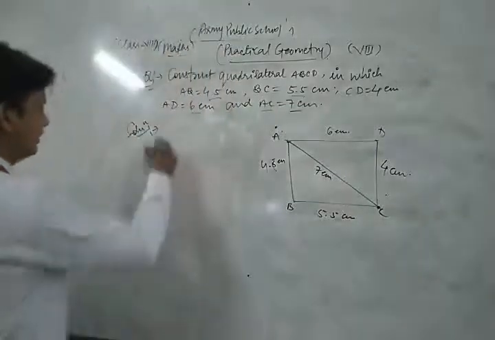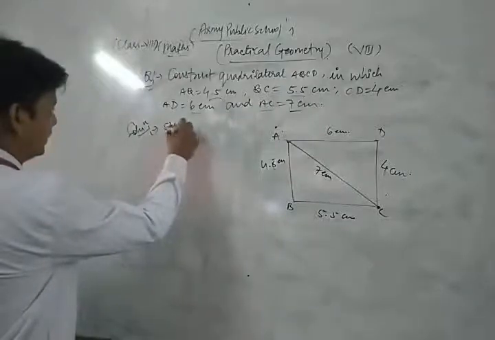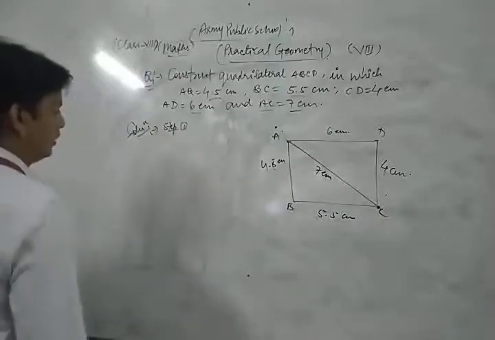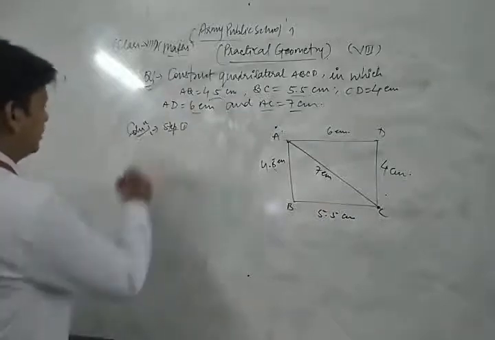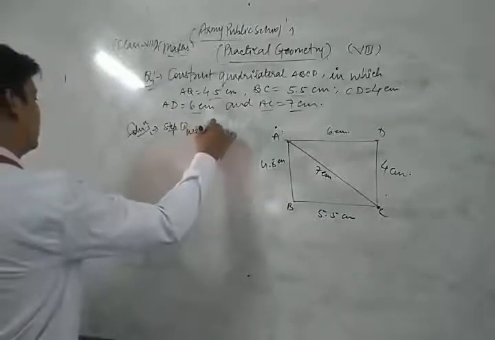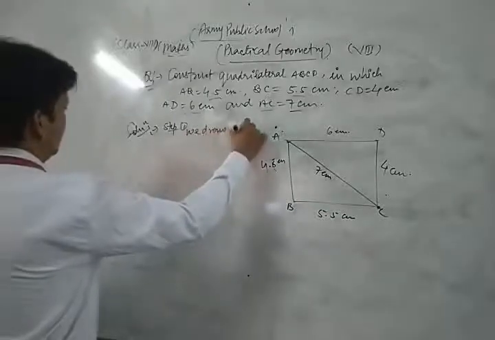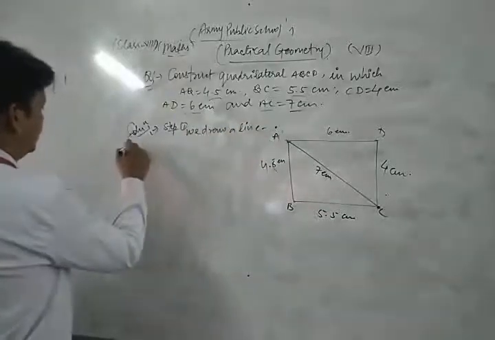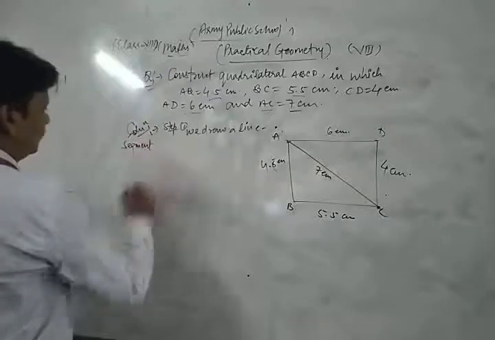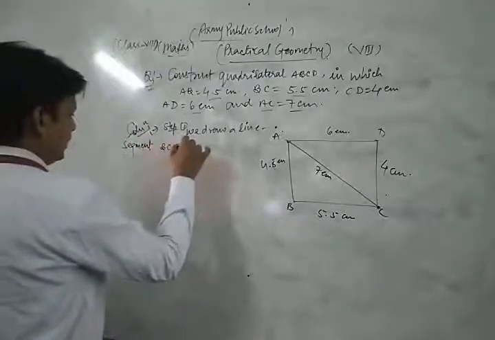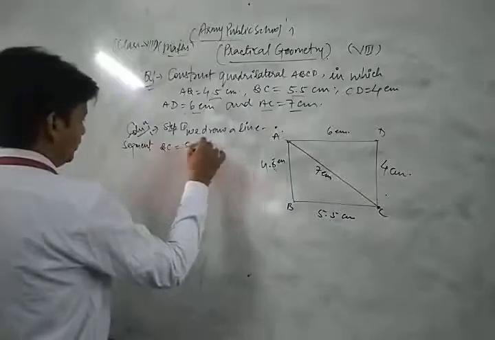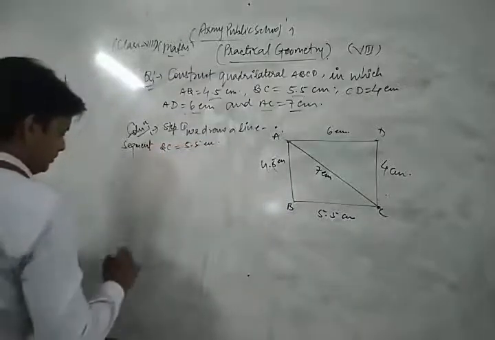In step 1, we draw a line segment BC as 5.5 centimeter.